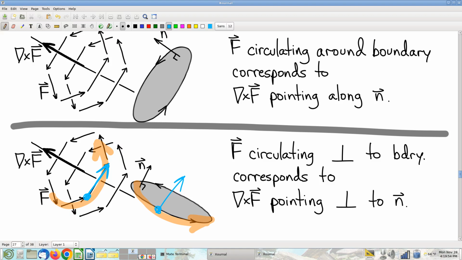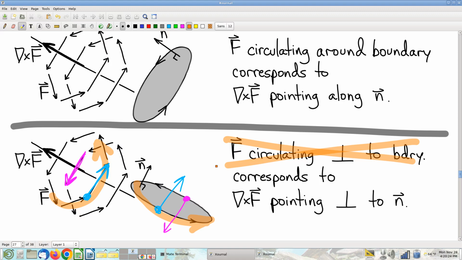And then likewise on the backside, there, it's just going the other direction, but still perpendicular. So we don't expect to get any significant circulation. There's just not any circulating happening. The circulation's happening in a different direction than this boundary piece of surface is itself going.